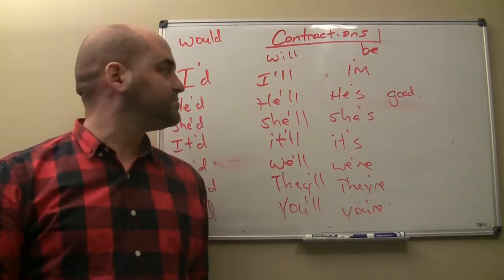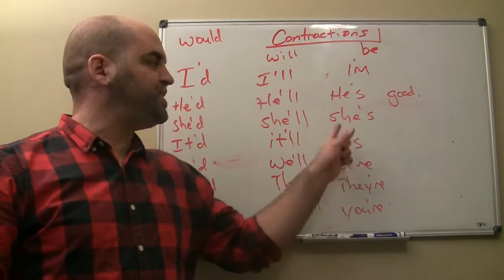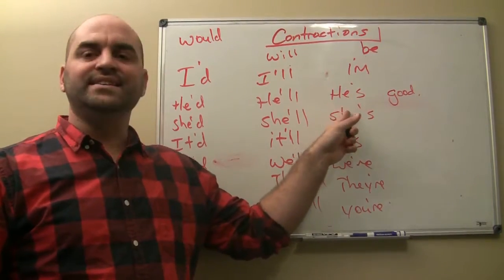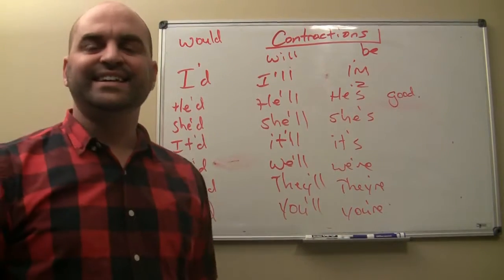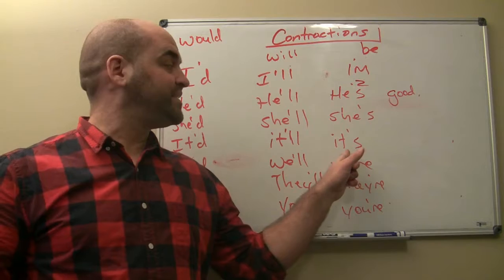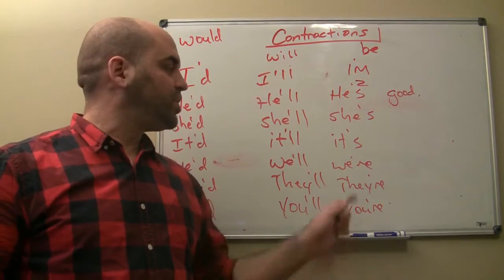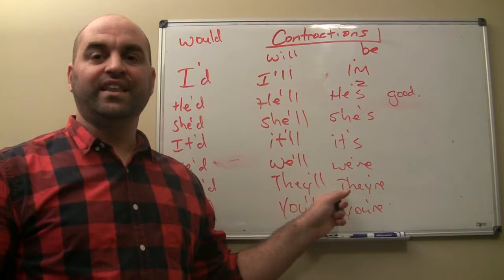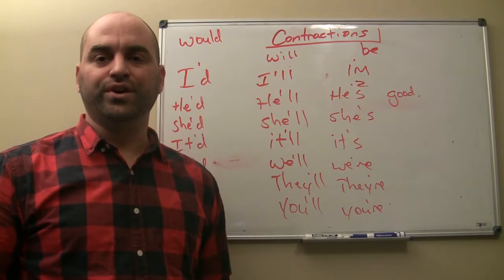He's good. She's good. He's, not he's with an S sound. And we say the S almost like a Z. He's. She's. It's. Here we use the S sound. It's good. We're good. They're good. You're good.